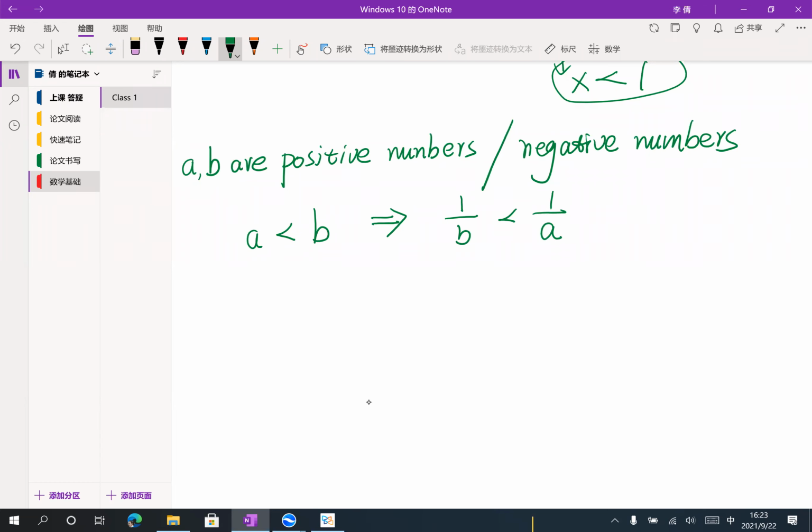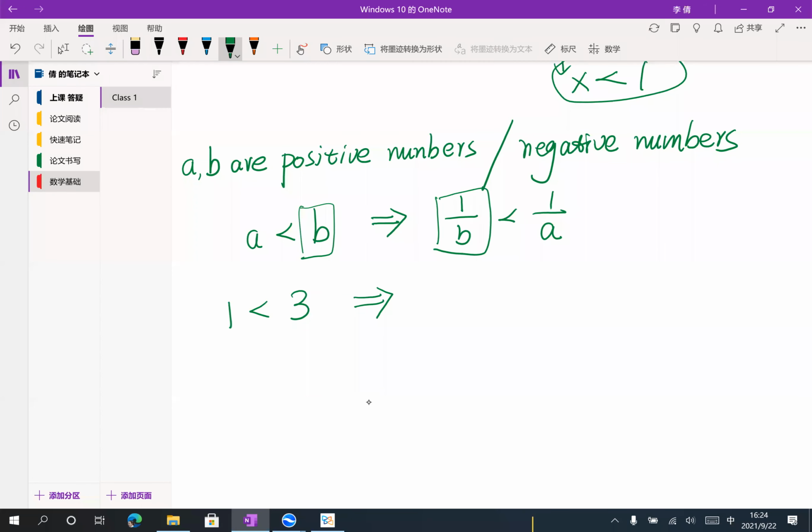This is the next order property, and let's see some examples. Let's say 1 is smaller than 3, right? Yes. 1 over B is like the reciprocal of B, right? Yes.